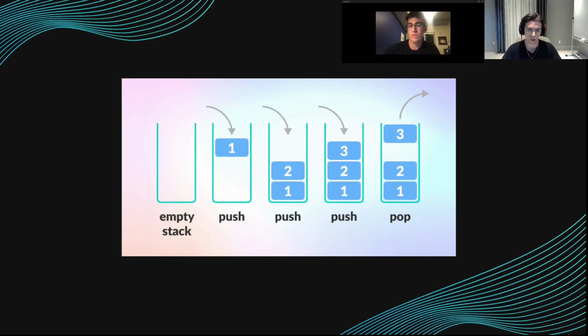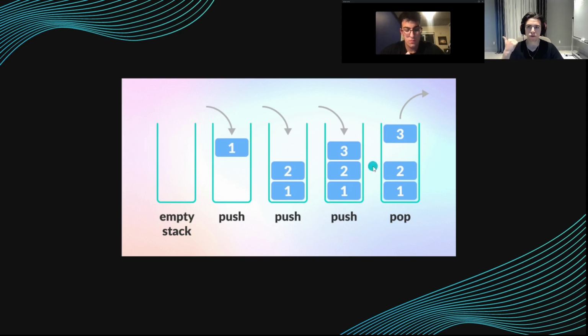It's called push. And when we push for a second time, we see that it gets added on top of the first value. So this is going to be the new top of our stack. It's number 2 here. And then we'll push again, and we can see the same thing happens. And now we have a stack of 3, 2, 1, with 3 being the top of our stack.